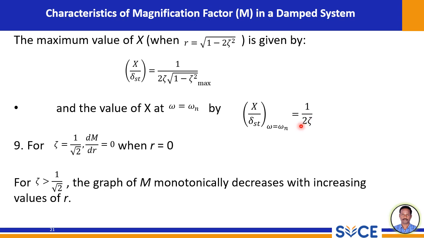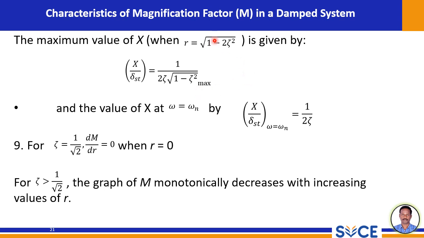Some other important points are specific characteristics of the magnification factor. The maximum value of X, which we discussed earlier, is given by X by delta static equal to 1 by 2 psi root of 1 minus psi square.